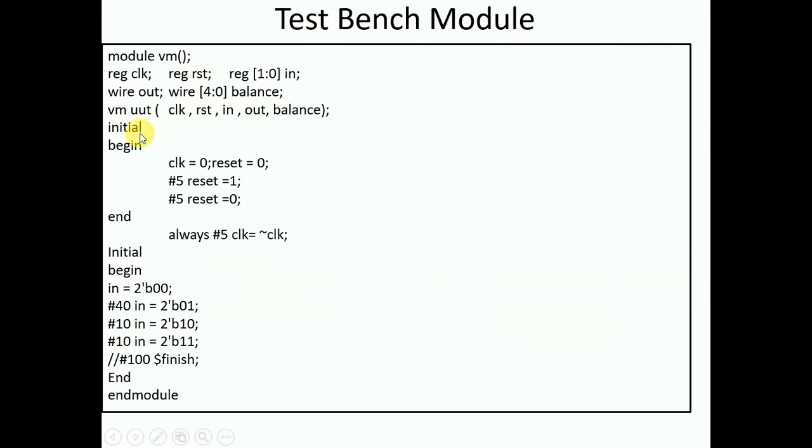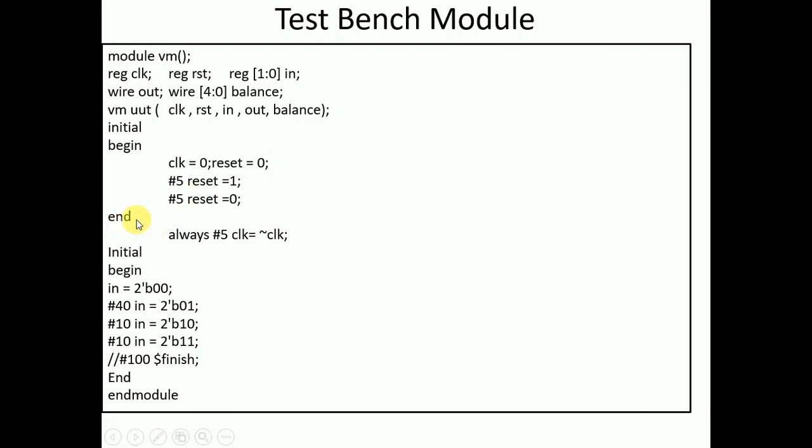Then you write initial begin, then you set the clock to 0 and reset to 0, that is you initialize, and then after #5, that is after 5 seconds, you put the reset as 1, and then after another 5 seconds you bring reset back to 0. This is just to test whether the reset is working or not, and to initialize the finite state machine.